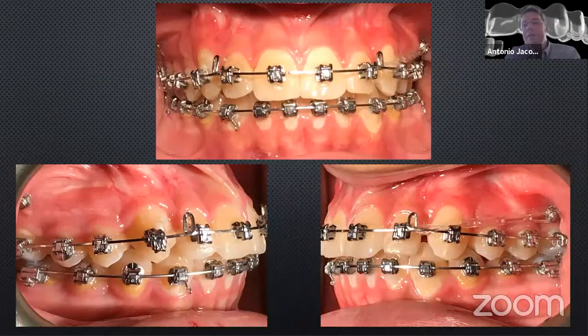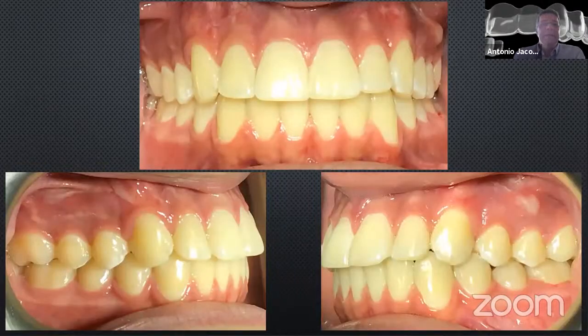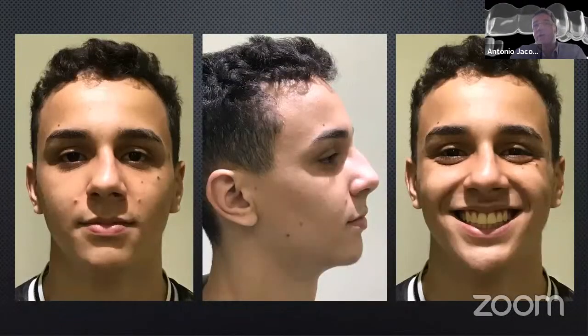I'm using here the mini implant on the right side to close this final space. And that's the final result we have. Very challenging, very difficult position of the canines, but we had a very nice result on the gingiva, on the buccal side, and the patient is very happy with the result also. It's a very nice patient, Leonardo.